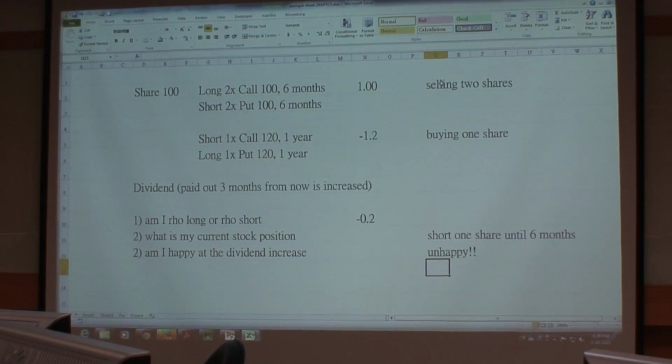The reason it all boils down not just to the rho number. If I have only one expiry, rho indicates my stock position. If I have multiple expiries, then rho is also containing different maturities. If I don't know where my position comes from, I cannot properly say whether a dividend increase will make me happy or sad.